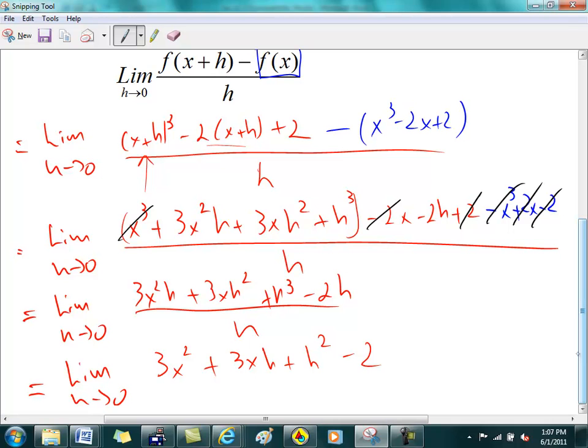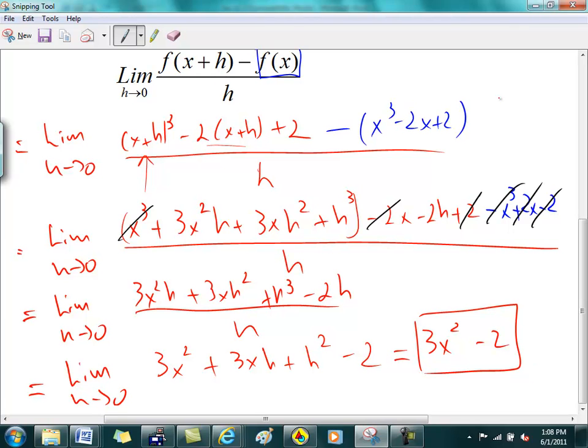So things break down only when the denominator goes to 0. While if you don't have a denominator, it can't go to 0 because it's not there. So everything's okay if I plug in 0 for h. And that's my answer.